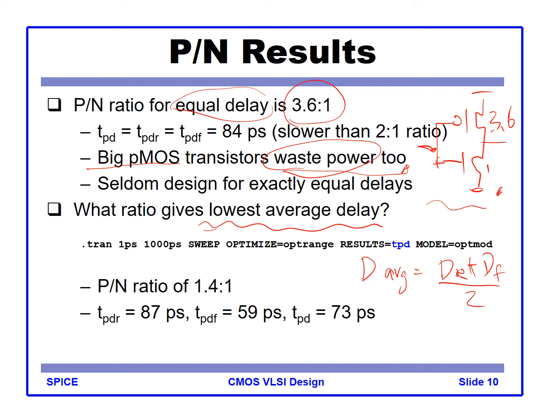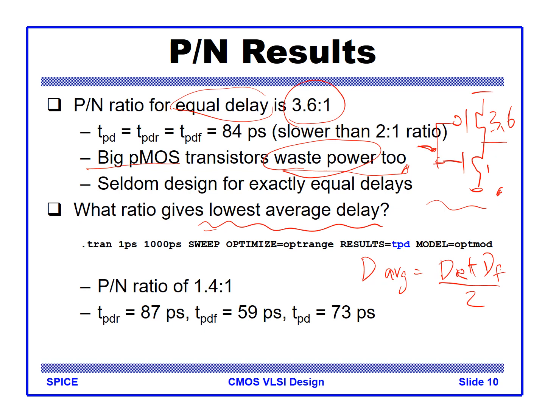They don't know whether the output event will be a rise or a fall, so statistically what matters is that the average delay is minimized.